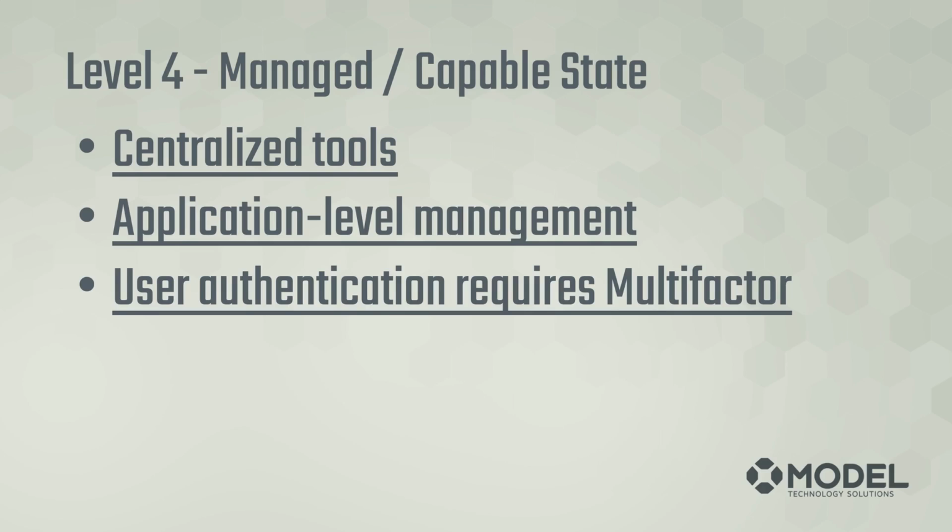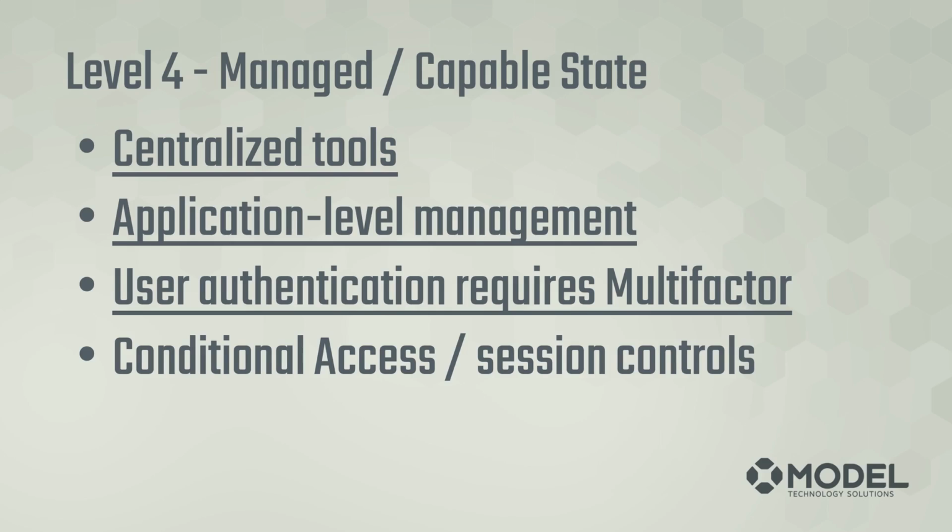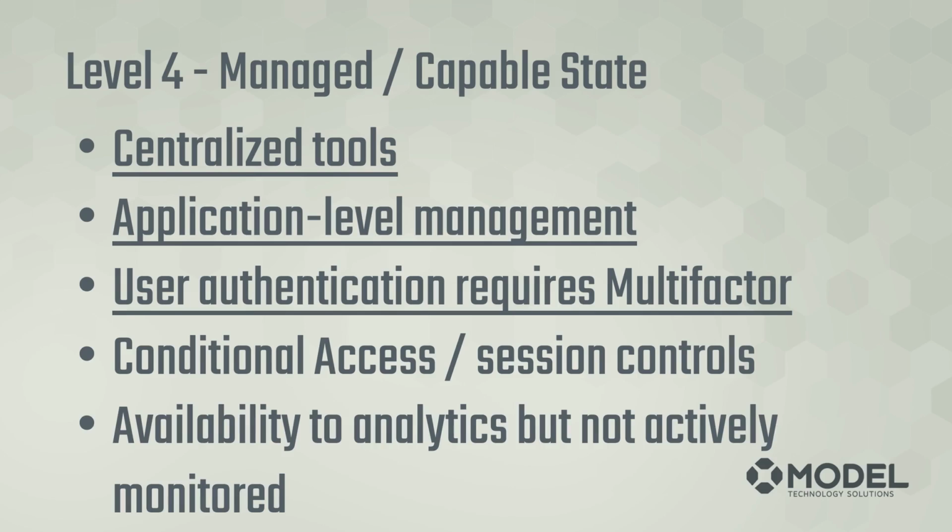User authentication requiring multi-factor should be done and set at this point if you're in a level 4 capable state. So you're reducing the risk of compromised credentials and exposing the organization to threats by leveraging a multi-factor authentication process. You're leveraging things like conditional access logic or session controls to restrict resources or to change how resources behave based on some conditions of potentially the user and device.